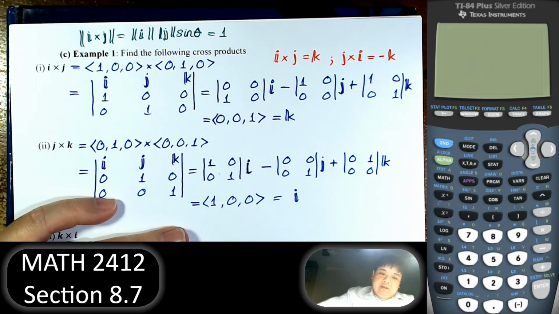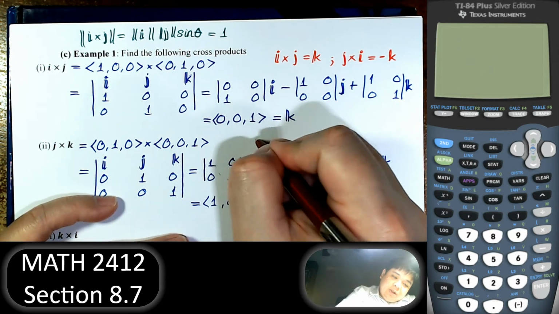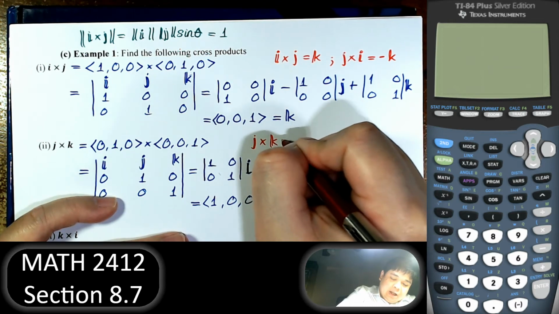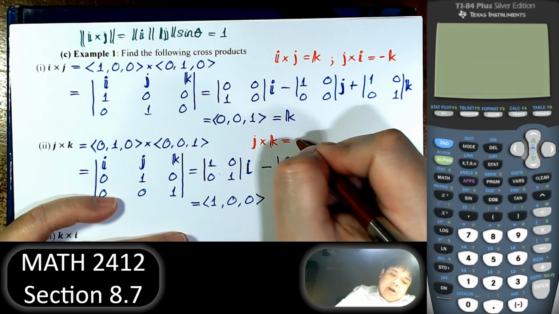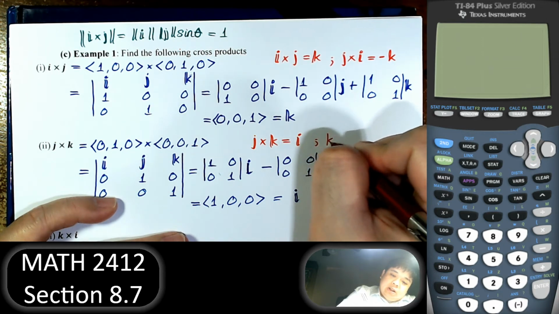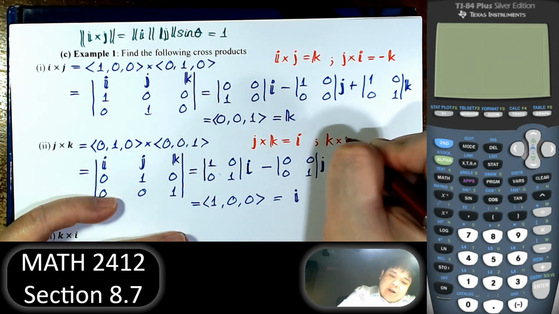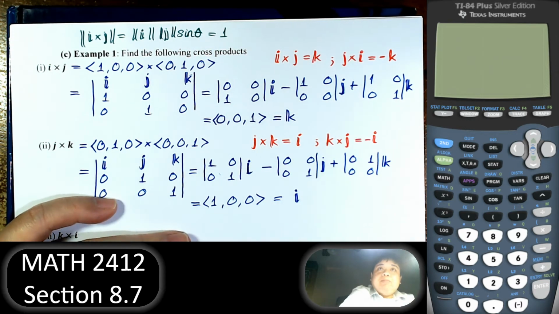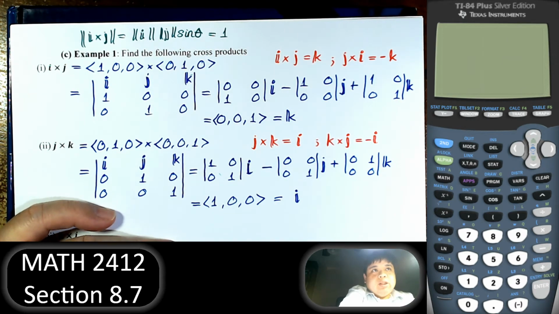So what we have here is j cross k is equal to i, and if we reverse the order, k cross j will be equal to negative i. Simple enough.